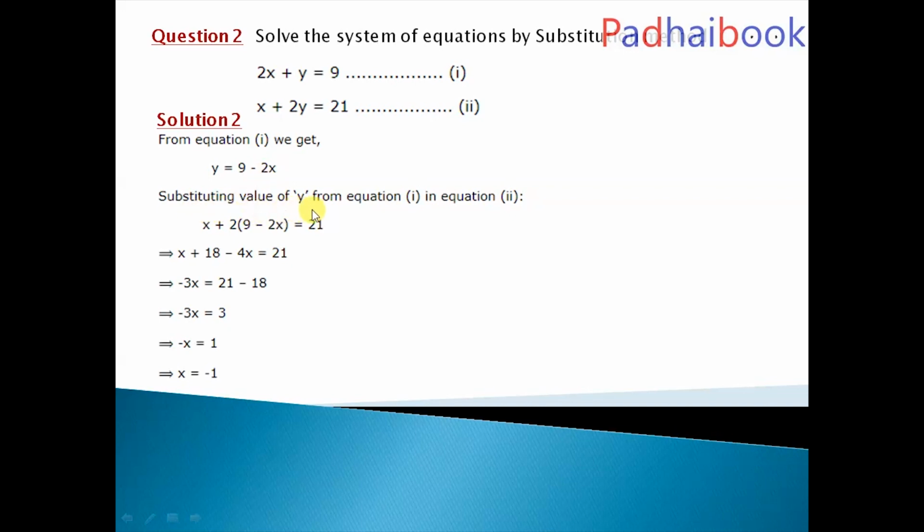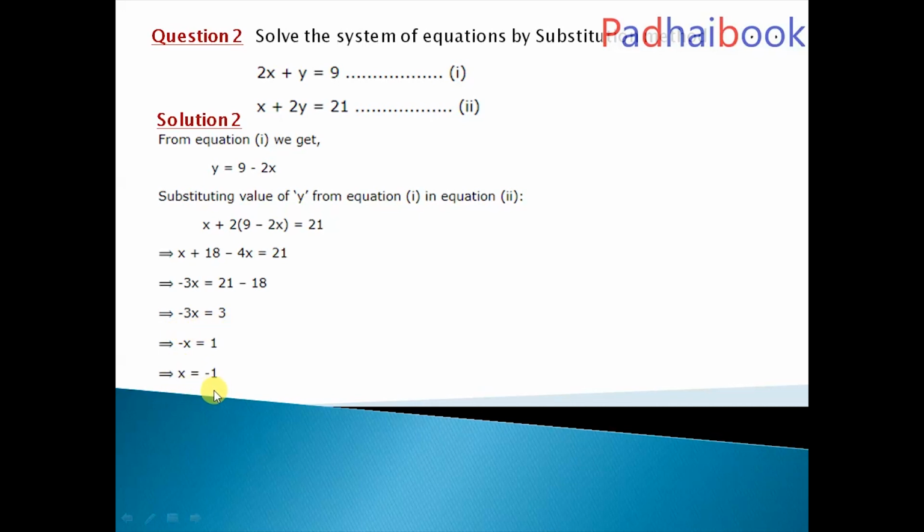So substitute the value of y in the second equation. So here I am going to put x plus 2 bracket 9 minus 2x equal to 21. Open the bracket, I get 18 minus 4x equal to 21. So x minus 4x is minus 3x, take 18 on the other side, so 21 minus 18. So minus 3x is equal to 3, so x is equal to minus 1.